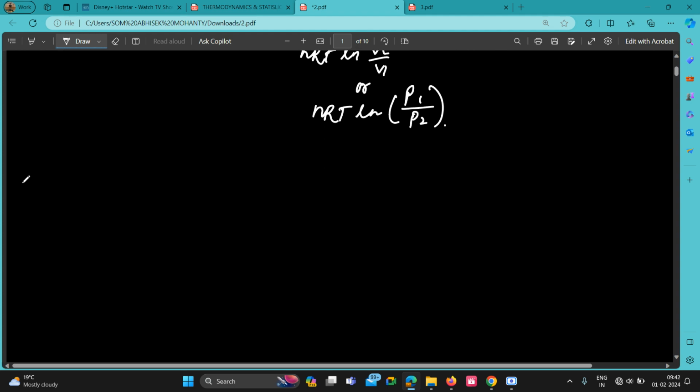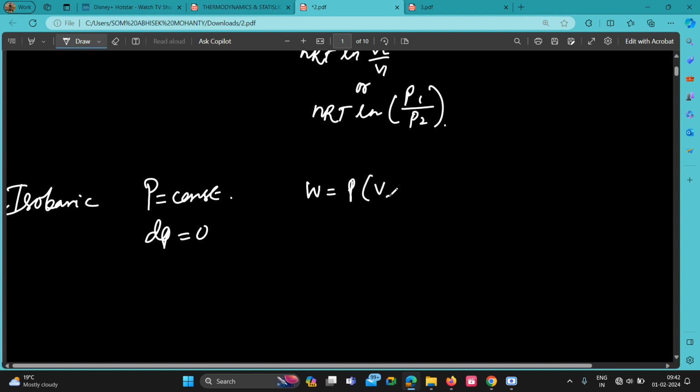Next process is isobaric process. Here pressure is constant, that means dP is 0. W is equal to P(V2 minus V1), because P is constant, so PdV, that means V2 minus V1.